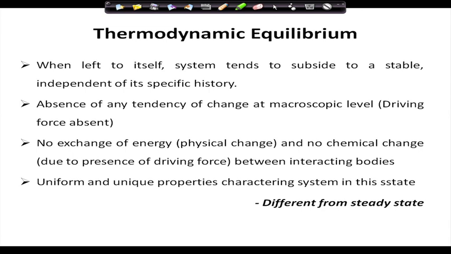So, therefore, what I mean to say is that a particular state of a system is meaningful only when it is an equilibrium state. And then the next question comes is, what is an equilibrium state? Or in other words, how do I define an equilibrium state?